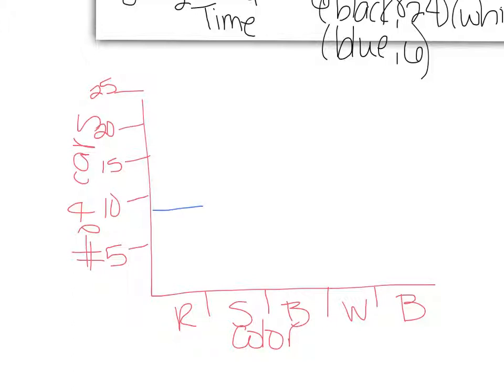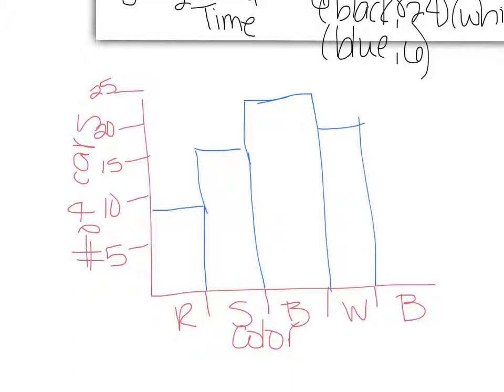I'm going to make my bar up to 8. My silver cars, I had 15. The black cars had 24. White cars had 18. And blue cars had 6.